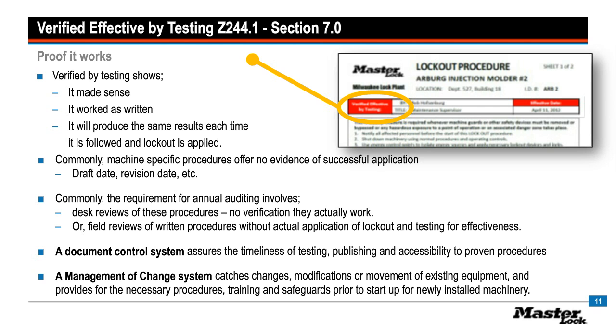There is a lot of desktop procedure auditing going on right now. This is a much more solid and foundational method of assuring that changes are caught when they are made and the procedure updated and the training provided before people are released back to use the equipment.